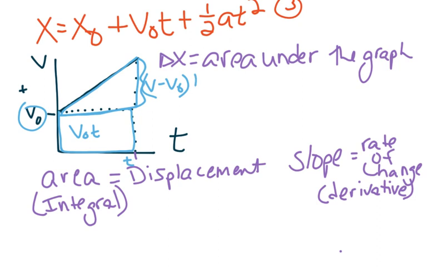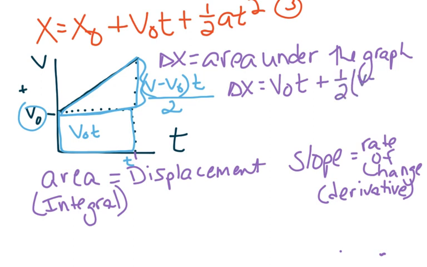It has a base of t, and then it's a triangle, so I have to divide that whole thing by 2, okay? So if my displacement is area under the curve, then my displacement is the same as the initial velocity times time plus 1/2 of v minus v naught t, okay?